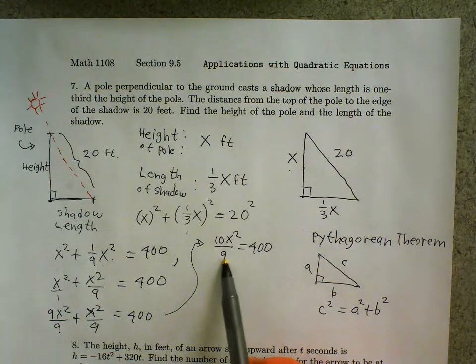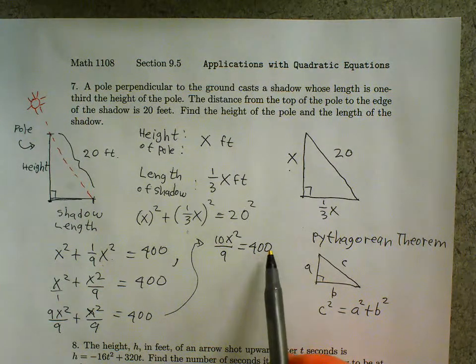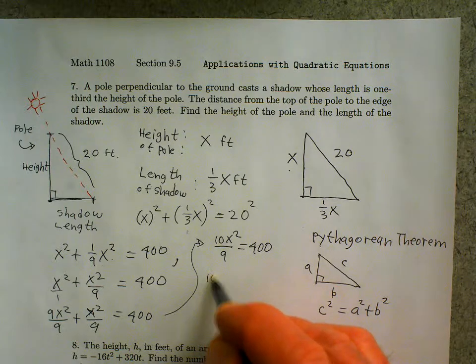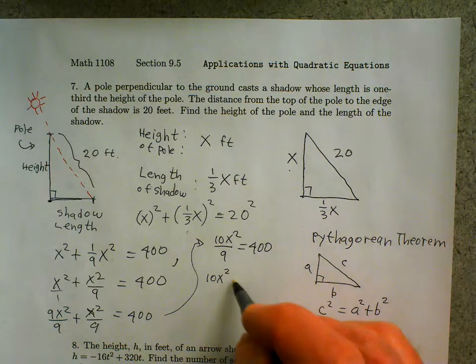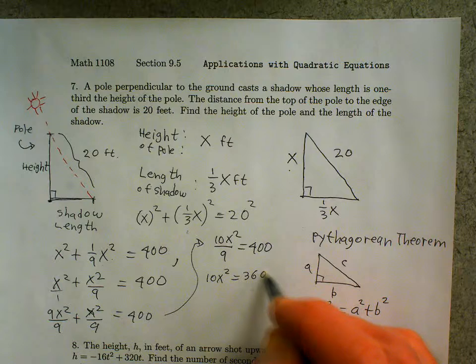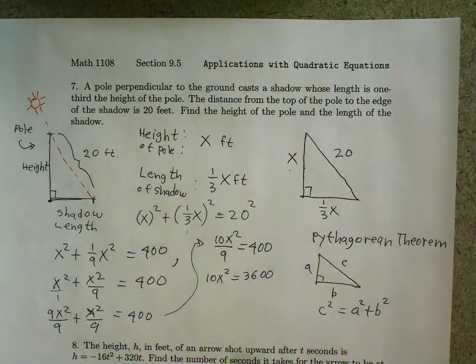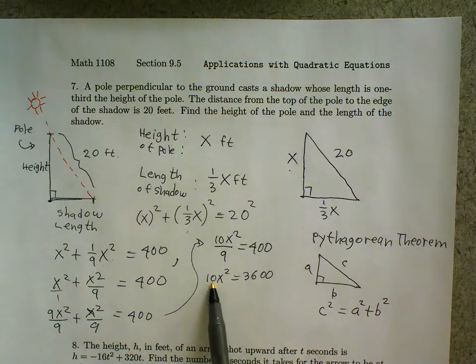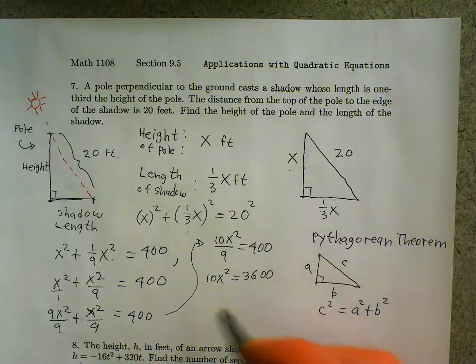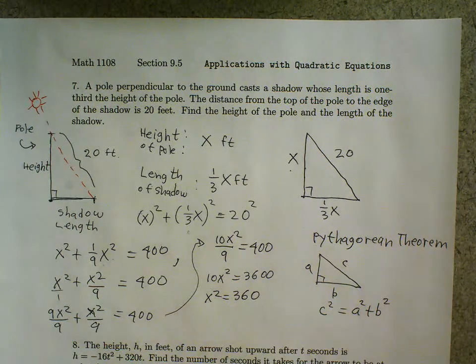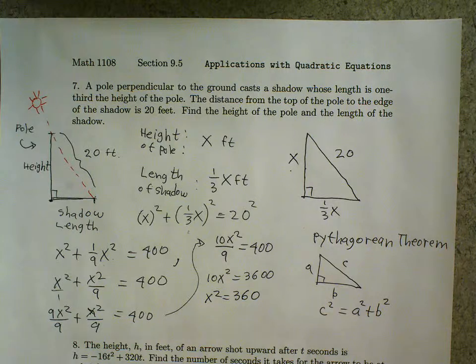Then multiply both sides by 9, so we get 10x squared equals 3600. And then we can divide both sides by 10, and we get x squared equals 360. And then we can just take the positive square root of 360 for x.